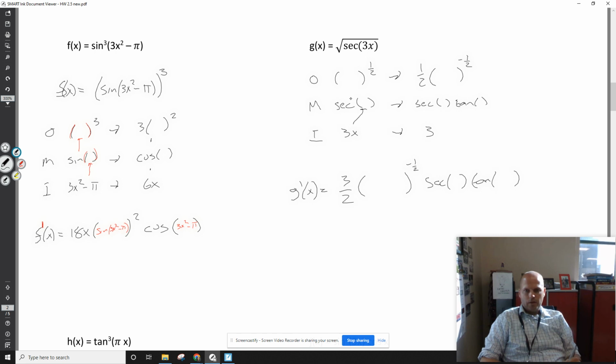This goes in there, that goes in there. So we get secant 3x goes in here, and then 3x goes here and here. How can you rewrite this? I got the 3/2. I got secant 3x tangent 3x. I'll move this to the bottom.